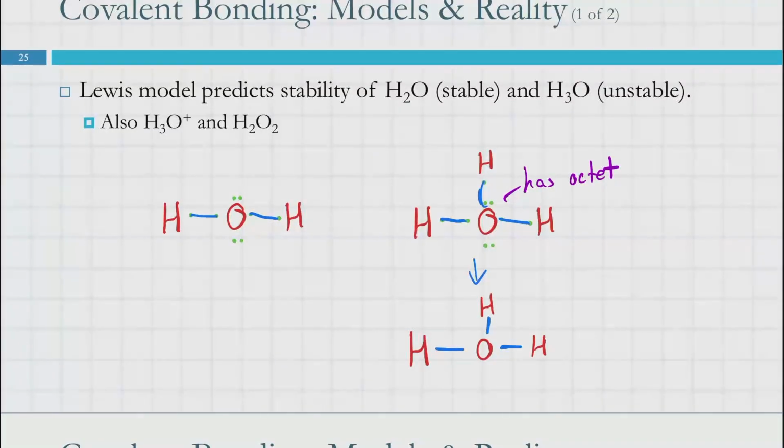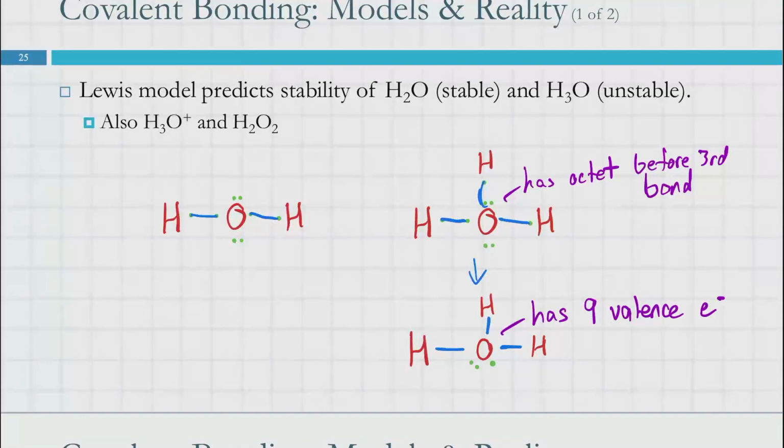Our hydrogens are all happy, but we would be left with 3 more electrons on our oxygen. And now it has 9 valence electrons, which is not what it wants. Oxygen hates this. Full octet, good. Anything else, not good.